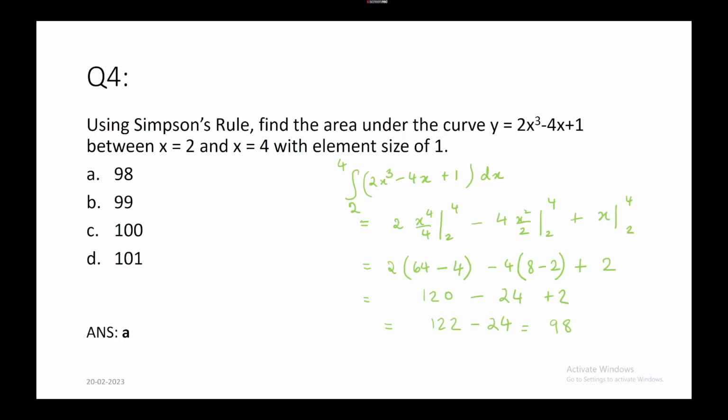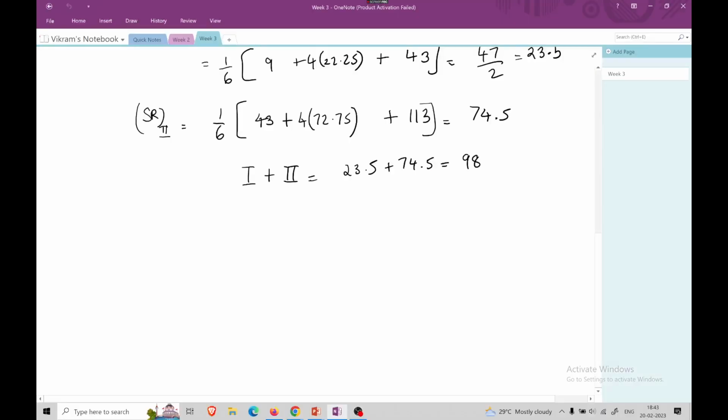Again we got it here also. So what we will try, maybe before going to the next, is to use a single element with 2 and 4 and 3 as the midpoint. Instead of discretizing our domain into 2 elements, now it's just a single element.